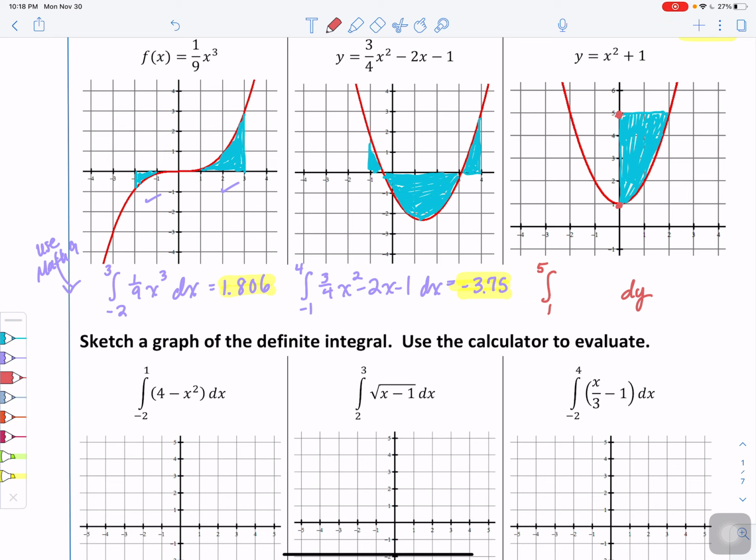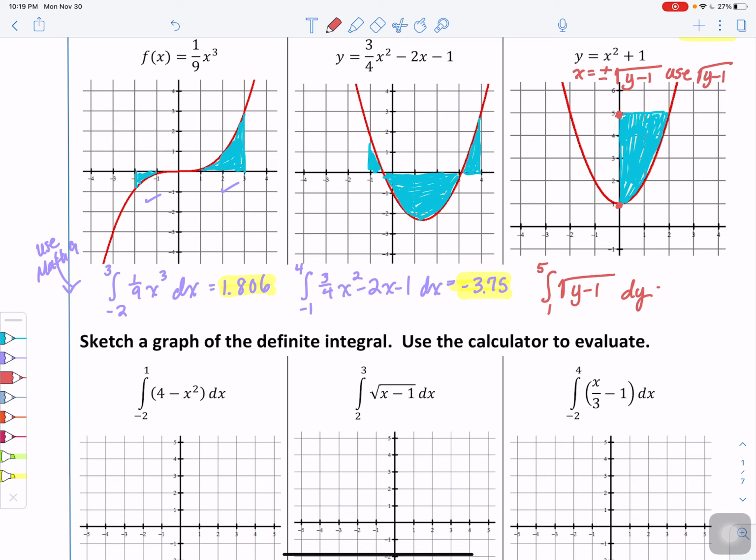So x is equal to plus or minus the square root of y minus 1 if you solve that for x. Now, this is the positive root, so we will use the positive root of y minus 1, because it's above that axis, okay? And so we have the square root of y minus 1, dy.